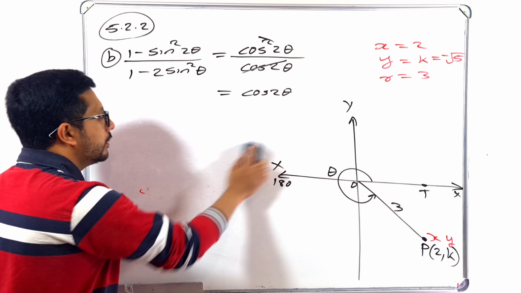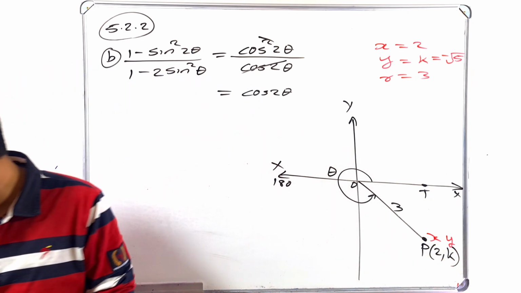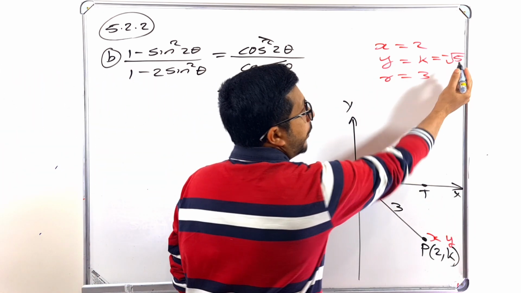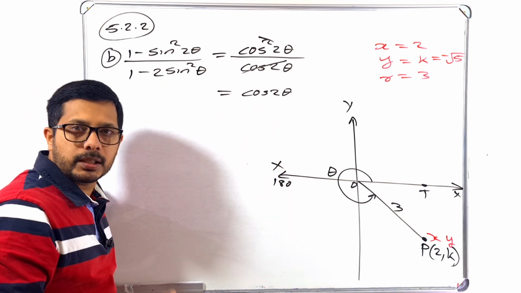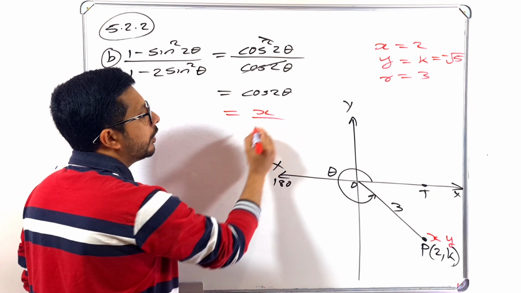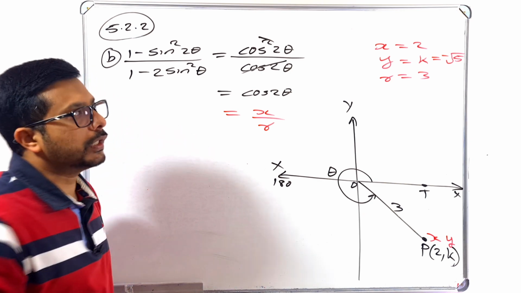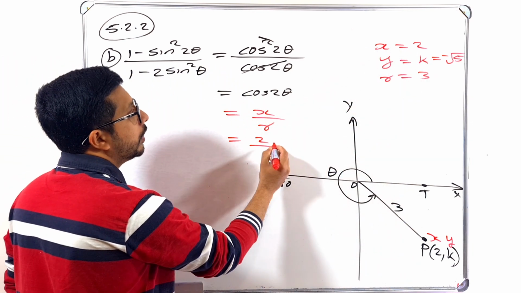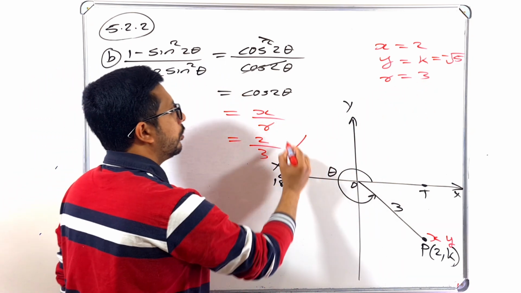We already got the value of y as minus root 5. Adjacent side is x divided by hypotenuse r. Maybe you are thinking adjacent side is 2, hypotenuse r is 3, so 2 over 3, but that one is wrong.